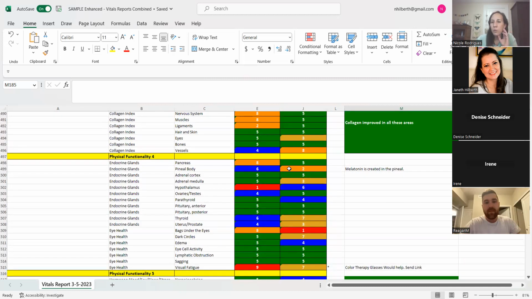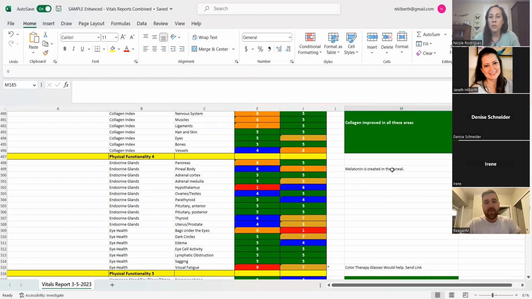In his inner voice scans, because I did do inner voice for him as well, melatonin was coming up a lot. And melatonin is directly connected to sleeping. And then I thought it was interesting that the pineal came up in a lot of the scans. It was orange or red and consistently out.